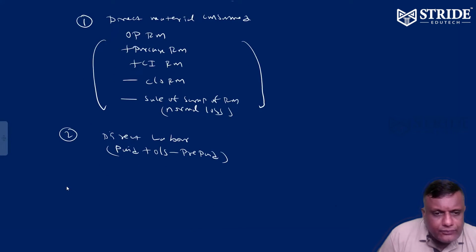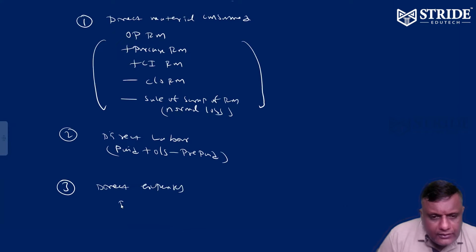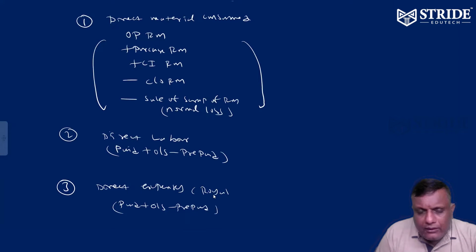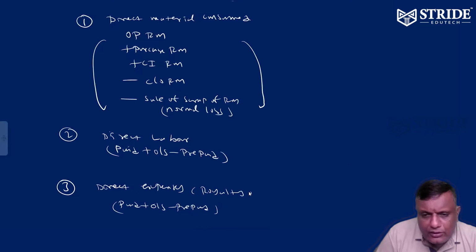Number three, direct expenses. That is also paid plus outstanding minus prepaid. What are direct expenses? For example, royalty on production. If I'm using your formula to produce, I'm giving royalty to you on production units.